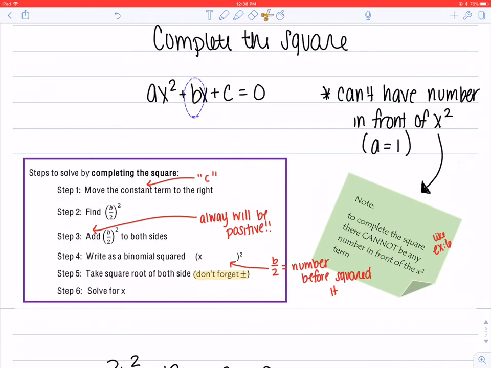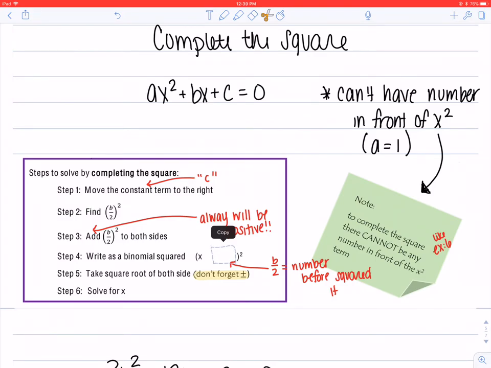You're then going to write as a binomial squared. The binomial is the same exact number that you got in step 2, except it is the number before you square it. So as you can see, it's just b divided by 2. And that's what's going to go right here. So if that's negative, it'll be x minus a number. If it's positive, x plus the number.